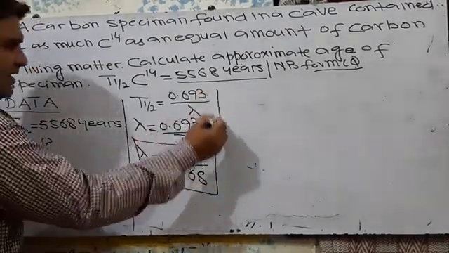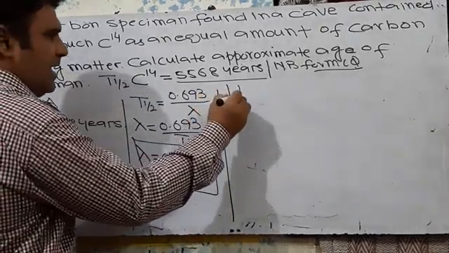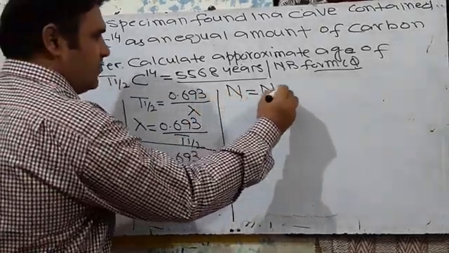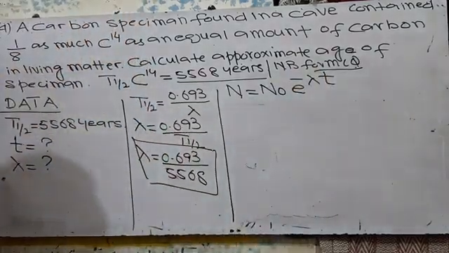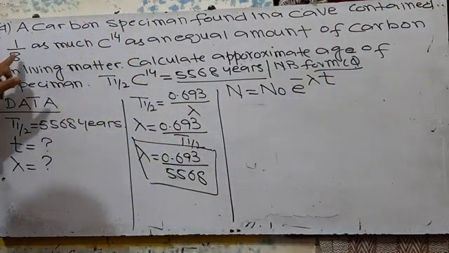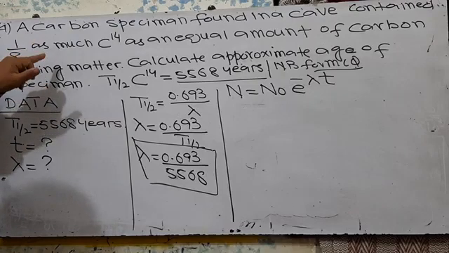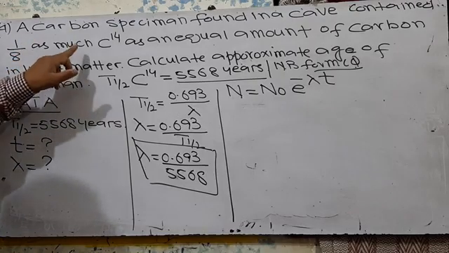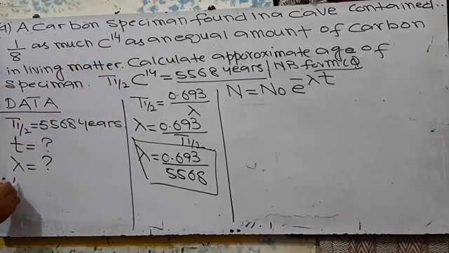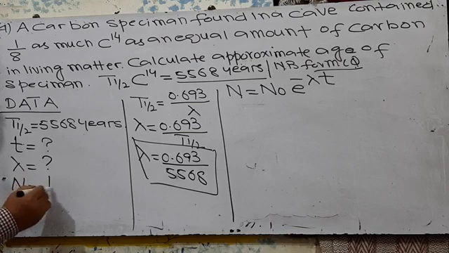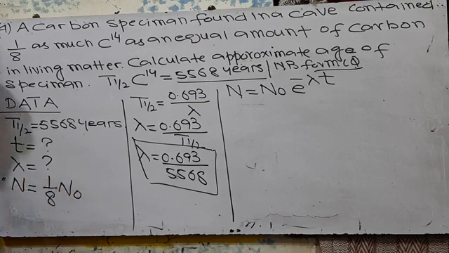From the law of radioactive decay, N is equal to N0 e^(-lambda t). The specimen contains 1/8 as much carbon-14, so N is equal to 1/8 of N0, or N upon N0 is equal to 1/8.